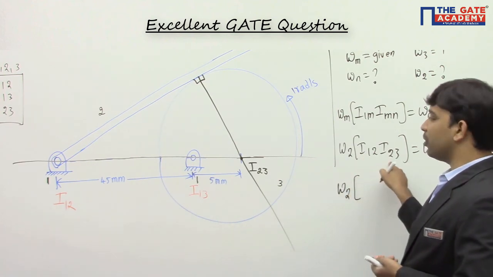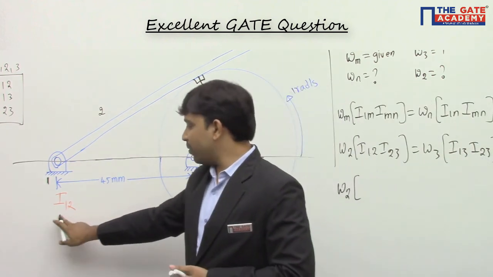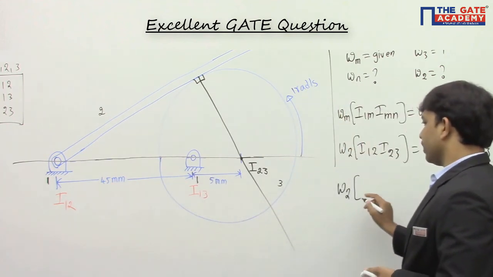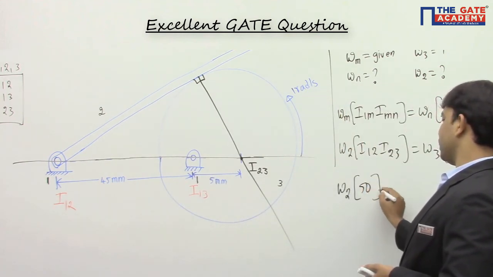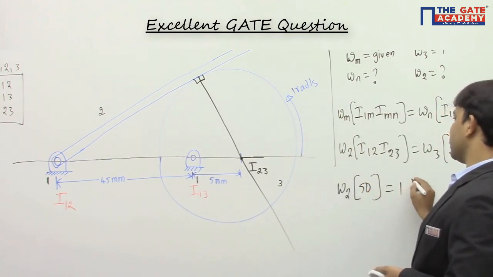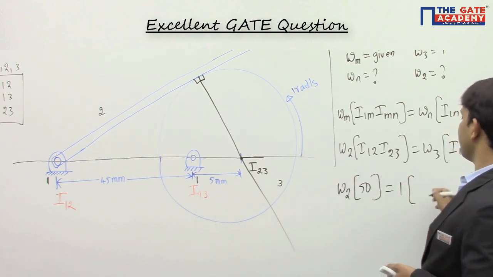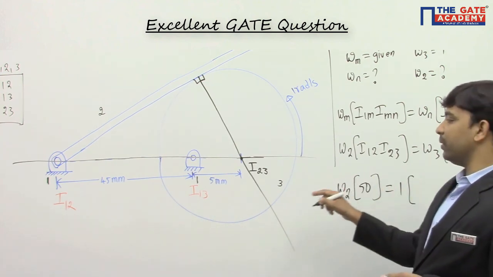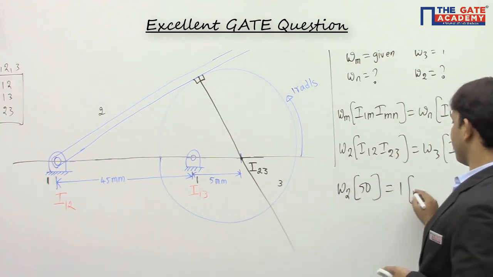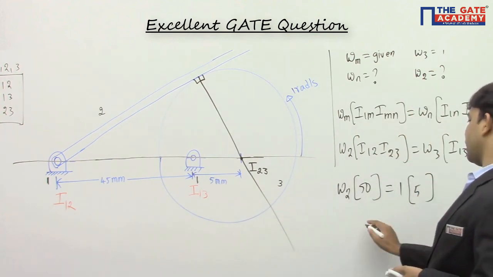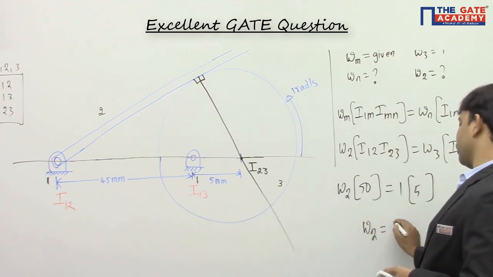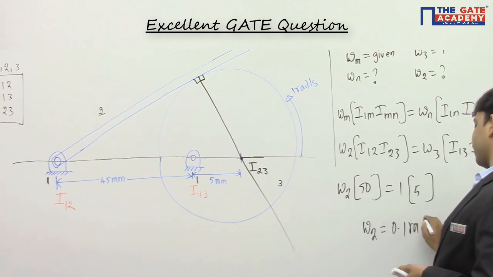Distance between I12 and I23 is 50 mm. Omega 3 is given in the question, 1 radian per second. Distance between I13 and I23 is 5 mm. So omega 2 is 0.1 radian per second.